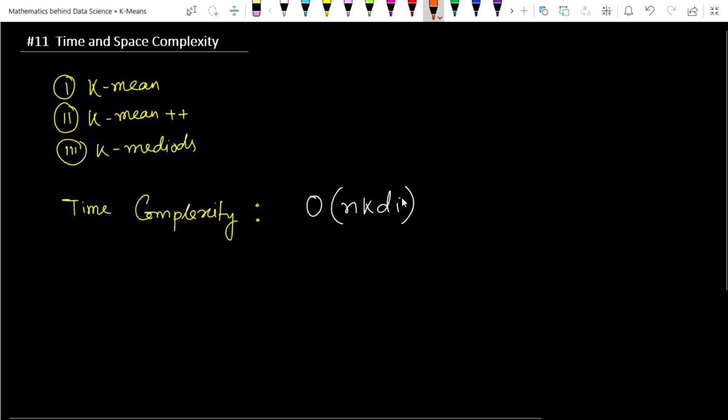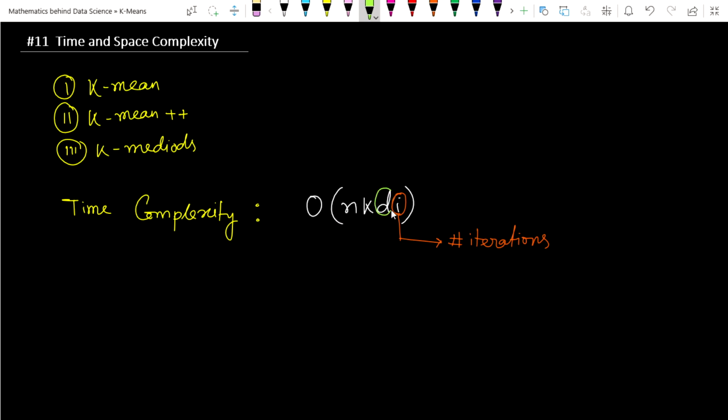First, try to understand what i means. i means the number of iterations. Now what does d mean? d means the dimension of our data.